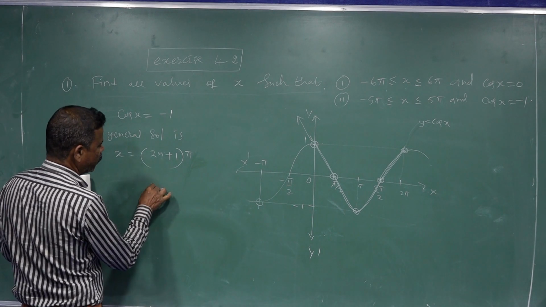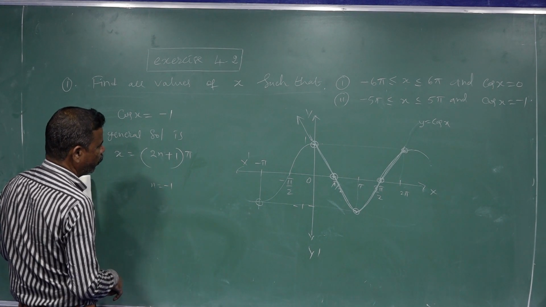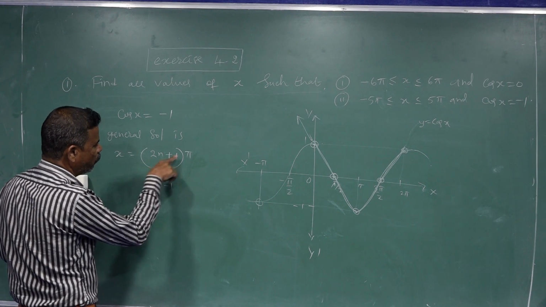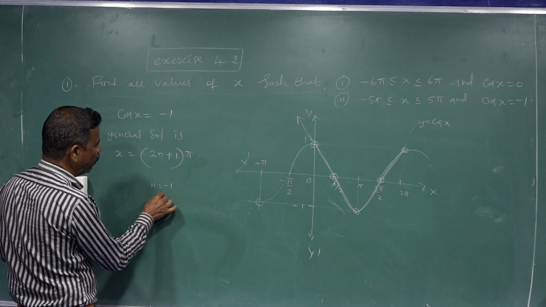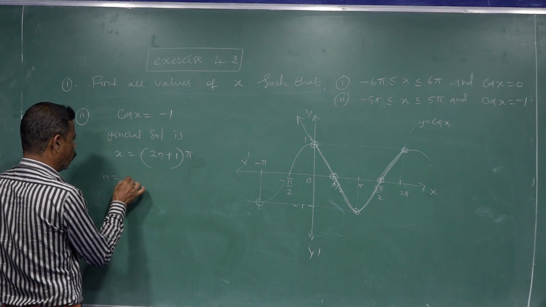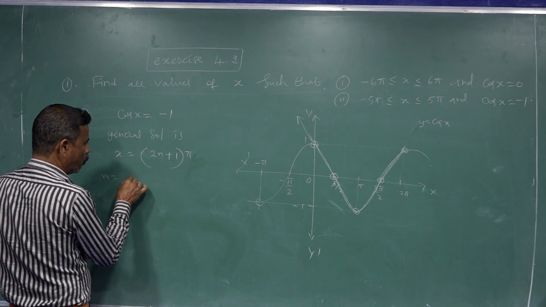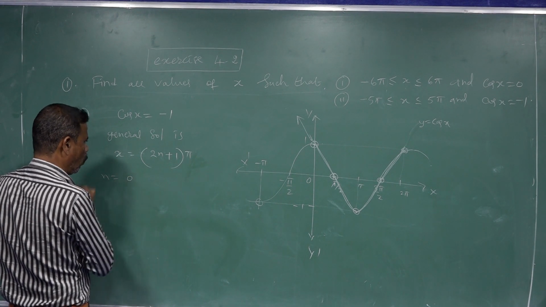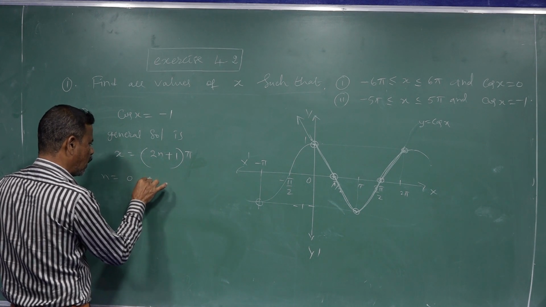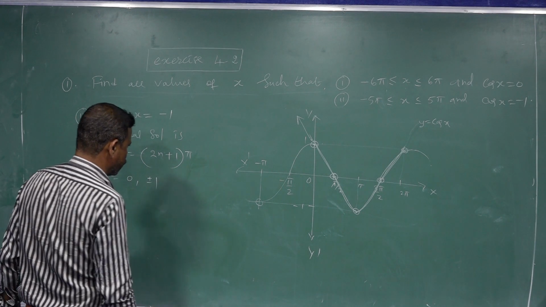Minus π means n is equal to minus 1, you give minus 1 into 2, minus 2 plus 1, minus 1, π. n is equal to minus 1, n is equal to plus 1 exists. n is equal to 0, from the 0, n is equal to plus or minus 1 can exist.